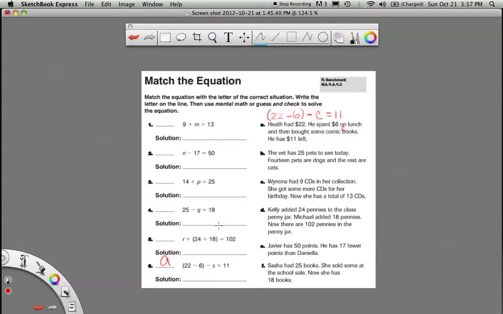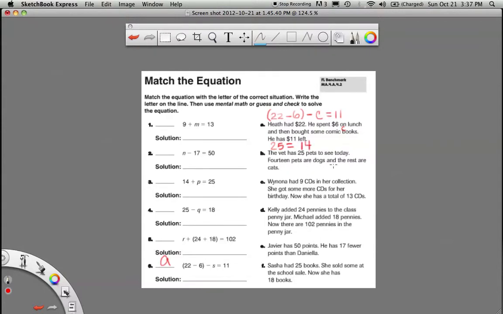All right. The vet has 25 pets in all to see today. That's how many he has to see. 25 altogether. My pen's going slow for some reason. 14 of the pets are dogs. So 14 of them are dogs.